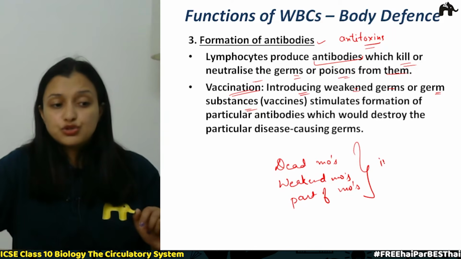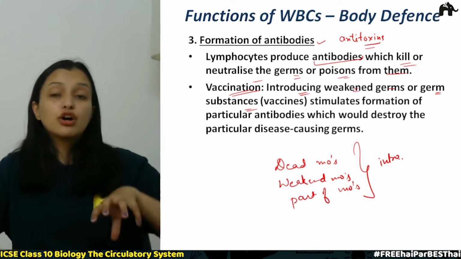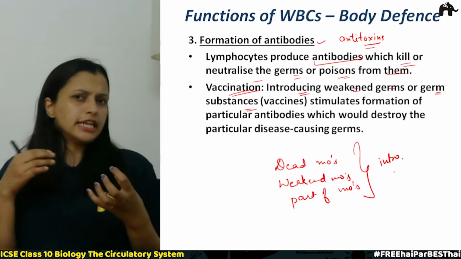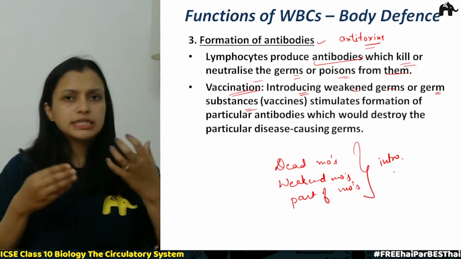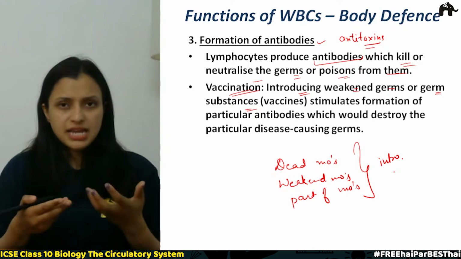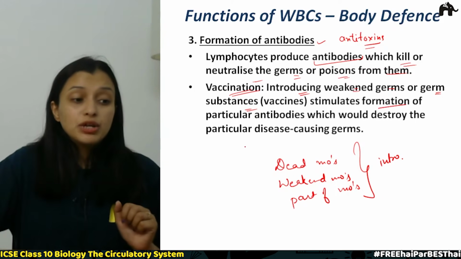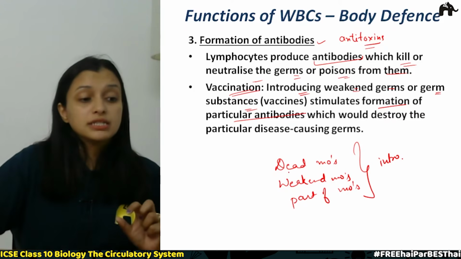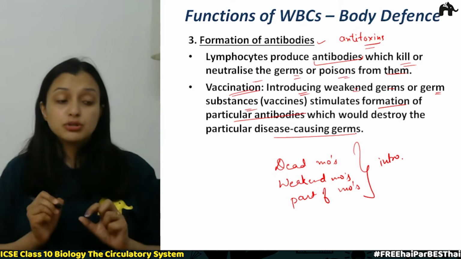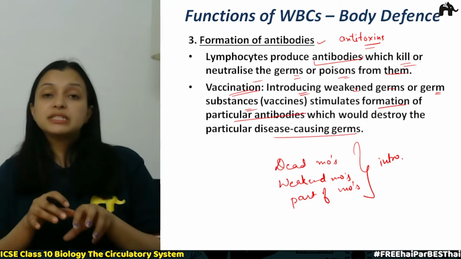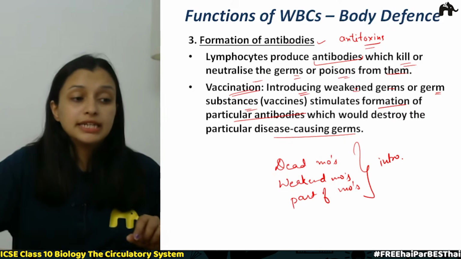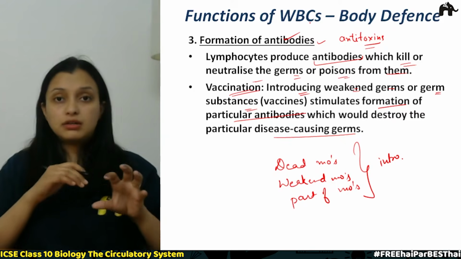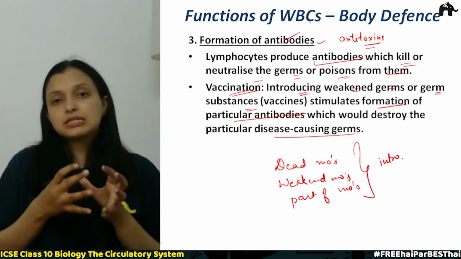These are introduced into the body of the person, right? As soon as our body encounters any foreign particles, our immune system becomes active and stimulates the formation of particular antibodies which will destroy these disease causing germs. So this is how WBCs fight against infections. Clear? I hope the functions of WBCs are clear to you.